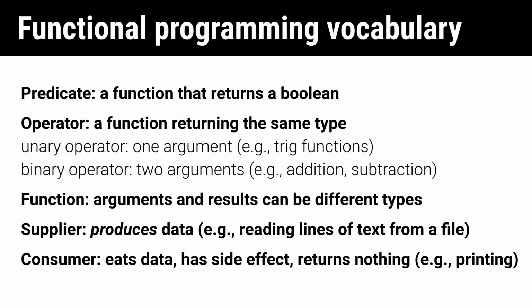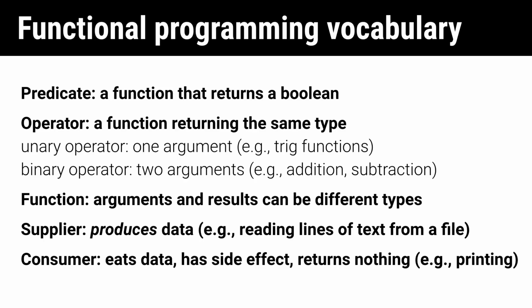So you'll hear about unary operators. That's like a trigonometric function like sine, cosine, tangent. They take some type in and they have the same type out. Binary operators take two of something in and one of the same thing out. So addition, subtraction, multiplication, those are binary operators. Don't confuse binary for bits with ones and zeros. Binary means there are two arguments when we're talking about a binary operator.